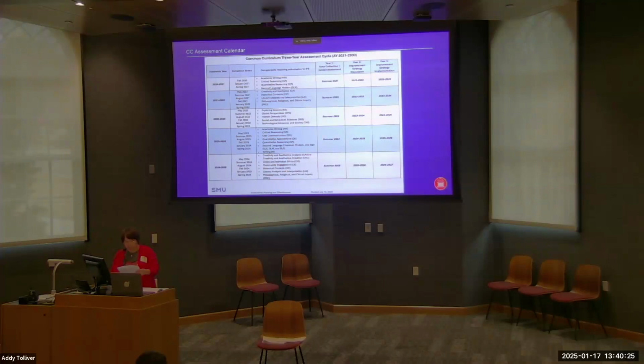This is the snapshot of our assessment cycle and calendar. It is designed to provide structure for both faculty and students. Knowing the timelines will help you plan ahead and ensure everything runs smoothly. The cycle ensures that the outcomes are not just aspirational, but measurable, and most importantly, impactful for students. If you look at the last row, 2024 to 2025, this is where we are right now.